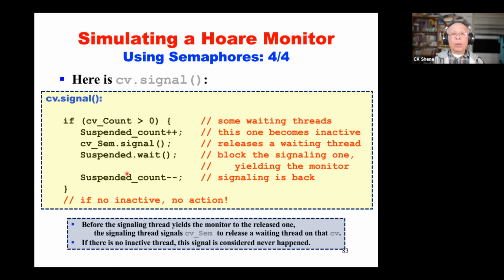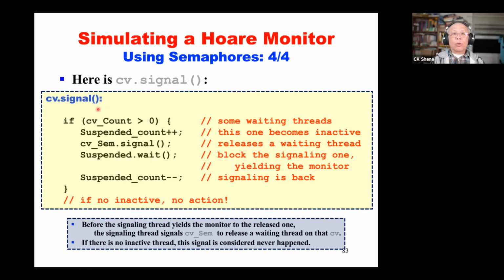So let me quickly go through the CV.signal. Always remember, CV.signal does the following. One, if someone is waiting on that condition variable, release 1. After releasing that one, the caller blocks itself, becoming inactive. And the released one gets the monitor and continues.